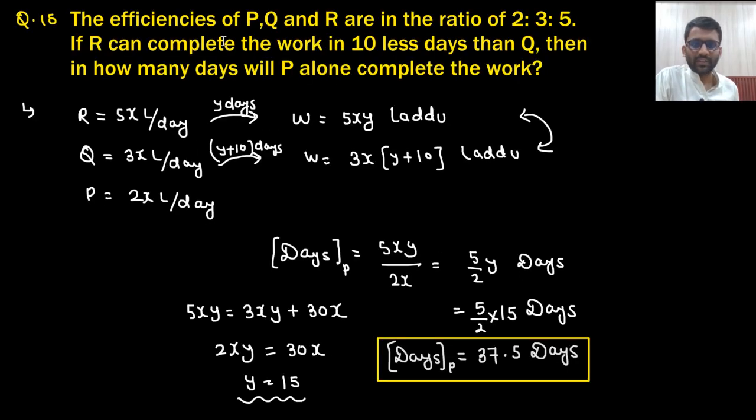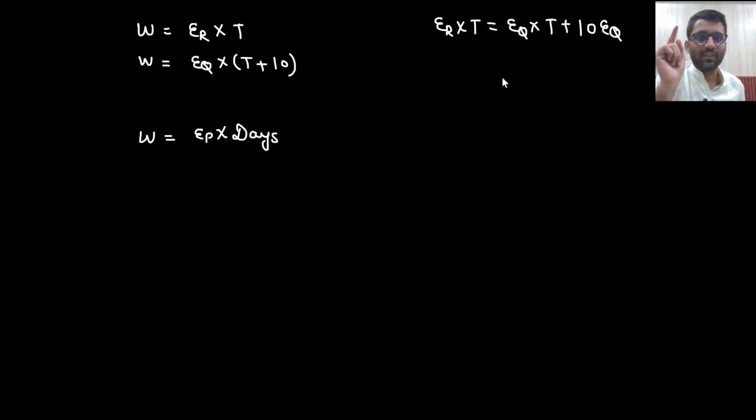What is the relation between efficiency of R and Q? Efficiency of R is 5 by 3 times of efficiency of Q, so efficiency of Q is 3 by 5 times of efficiency of R, right? The ratio is mentioned there. It is very simple.